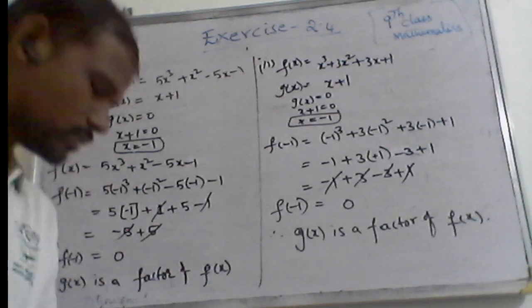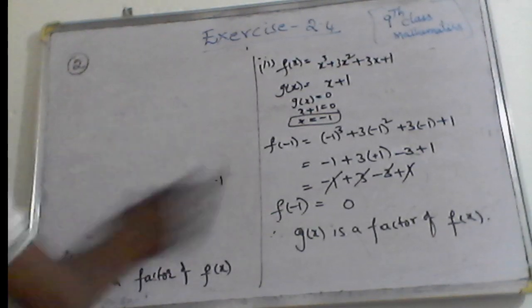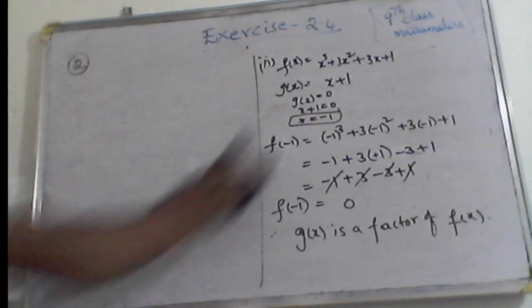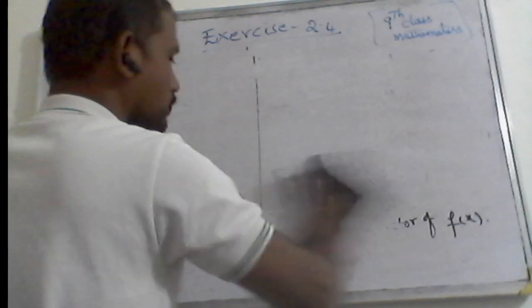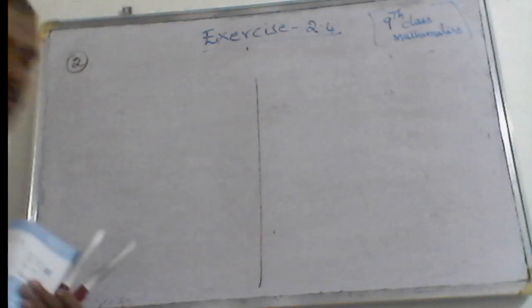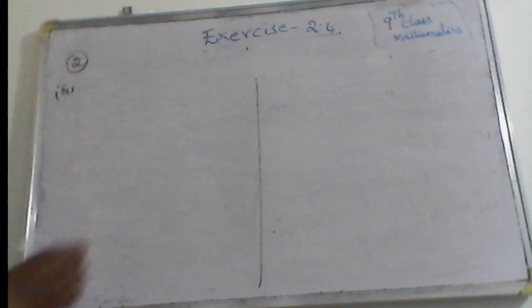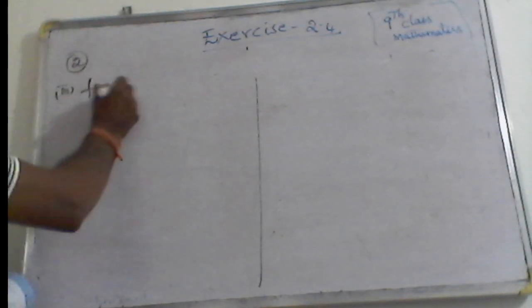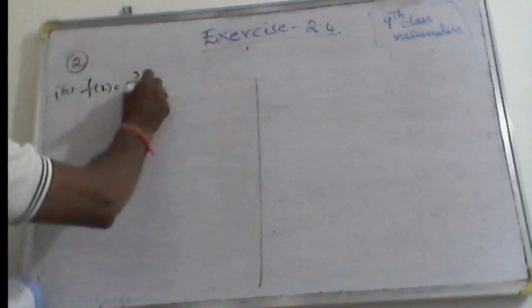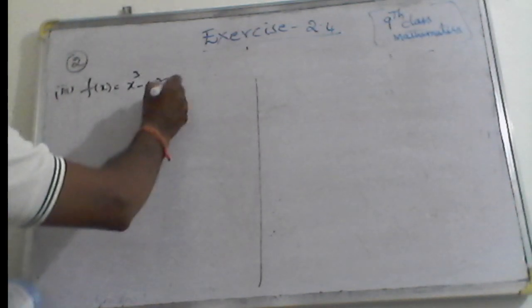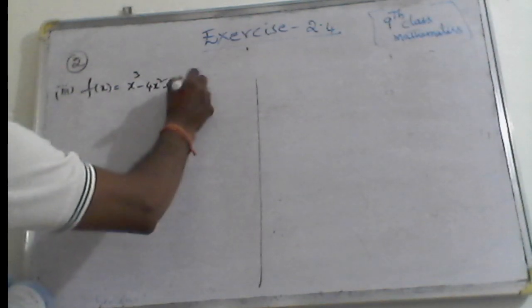Next one, question number 3. So f of x equal to x cube minus 4x square plus x plus 6.